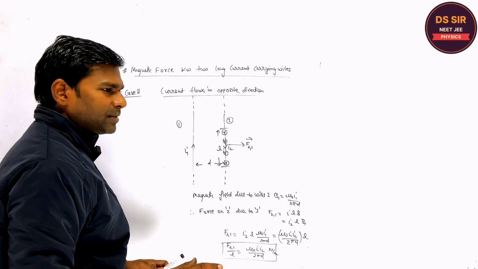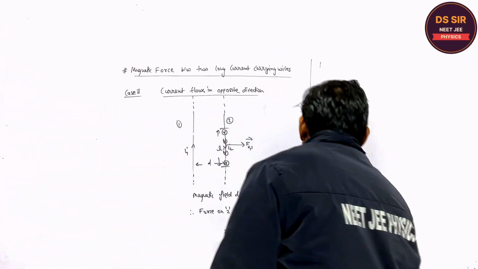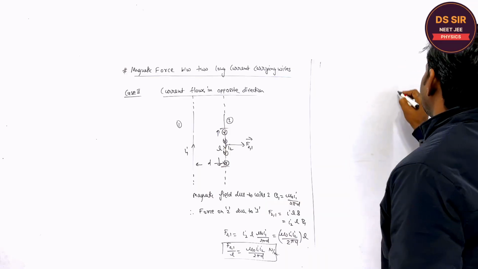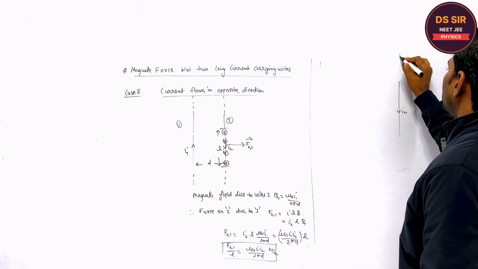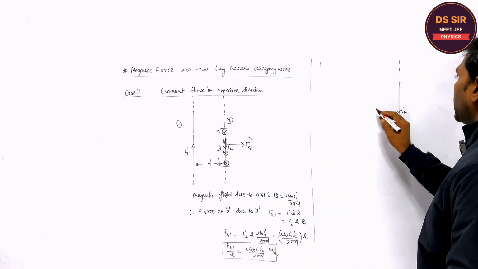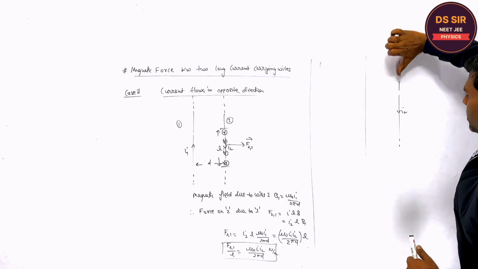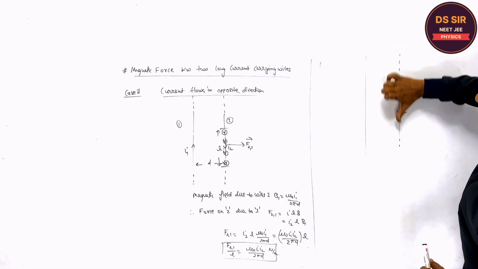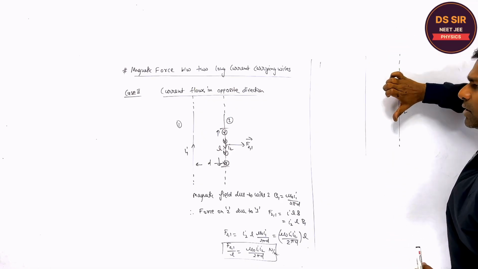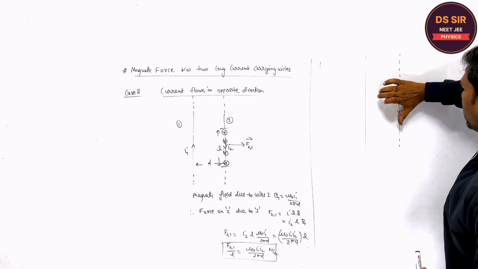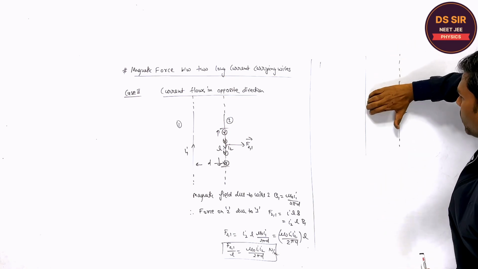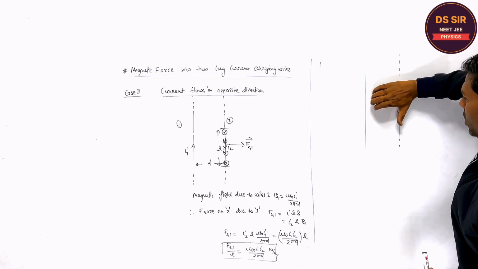Now, consider this second wire carrying I2, and because of this I2 at a distance d, this is the current. If the current is in this direction, what is the magnetic field produced? Into the board.